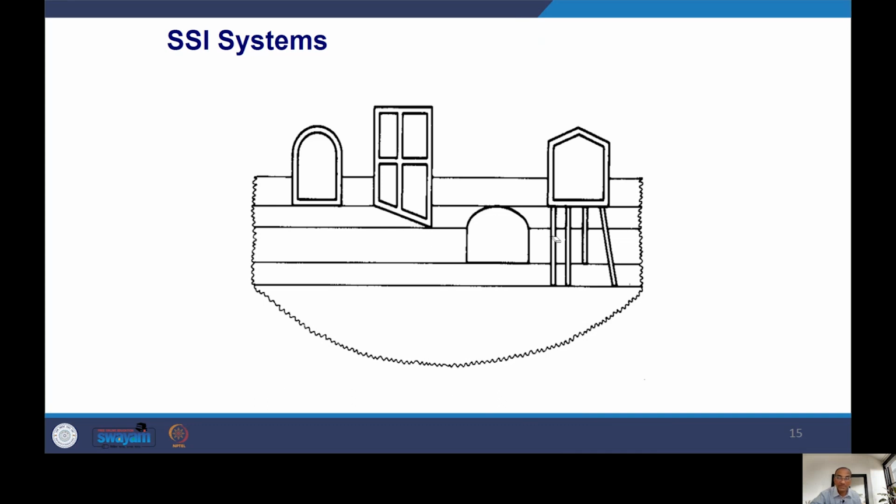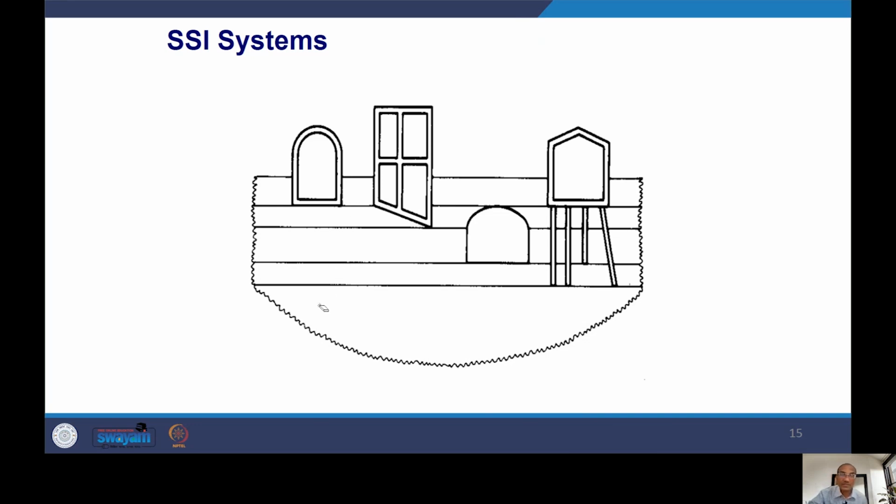So piles are there, and on top of that you have a structure. In all these systems you could see that your structure is situated or embedded inside the soil, the base of the structure is situated on a particular soil layer, and at the end of the soil layers is what is called the half space. So it is called a layered half space system.